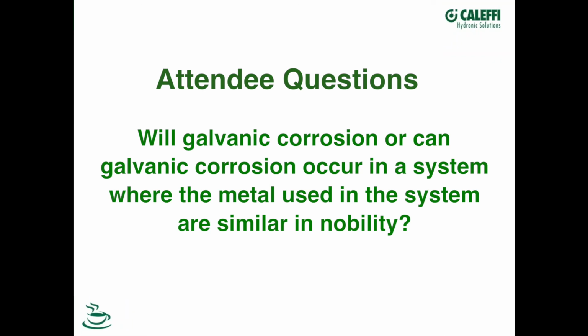Well, it should be certainly less. It may not occur to the point, I mean, if you look at the nobility chart, for example, you'll find that copper and brass are very close to each other, brass being a copper alloy. I'm not aware of galvanic corrosion that certainly has gone to the extent of causing any problems when you mix copper and brass, and we do that all the time in hydronic systems.